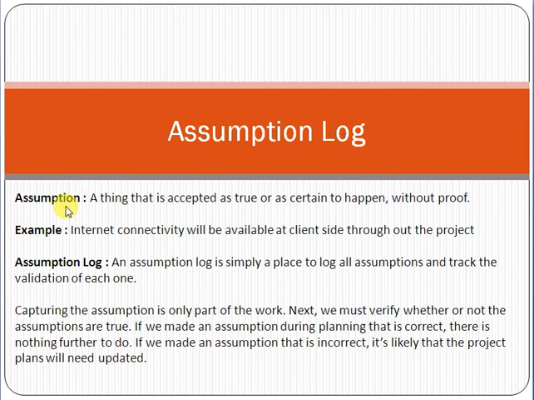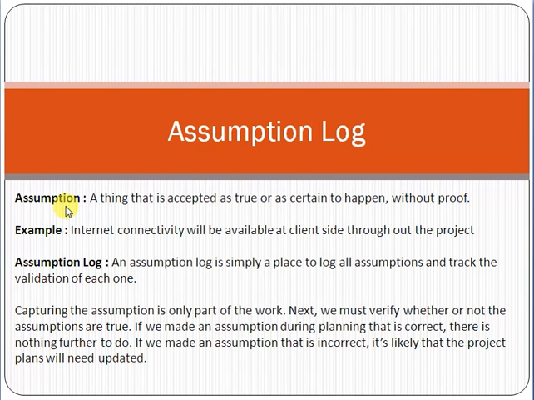Whenever we are doing planning for a project, we may accept a few things and we expect that these things will happen. These are the assumptions. Remember one thing, that when we are assuming something, it is not necessary that it will be true. It can be incorrect as well.